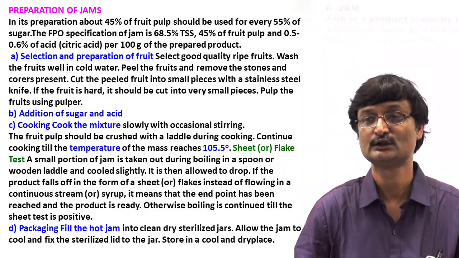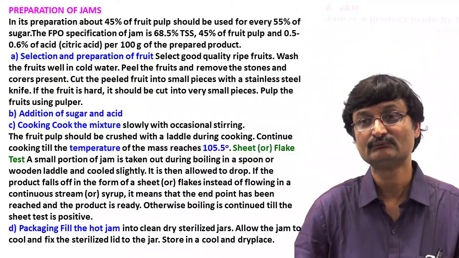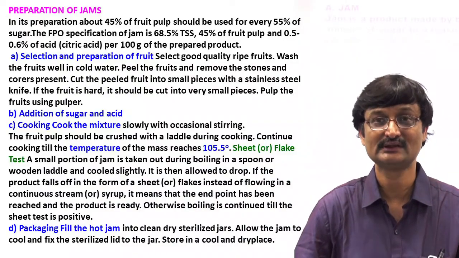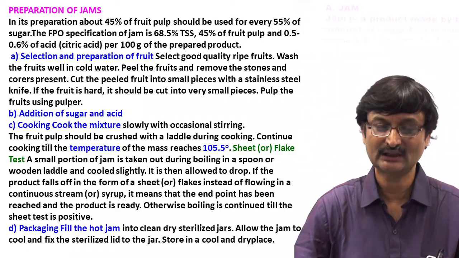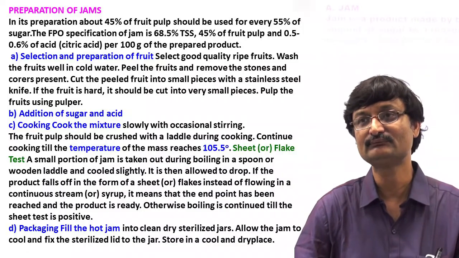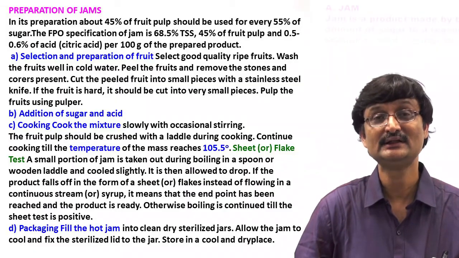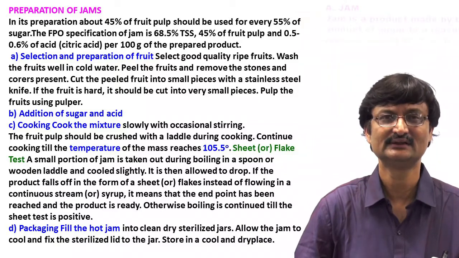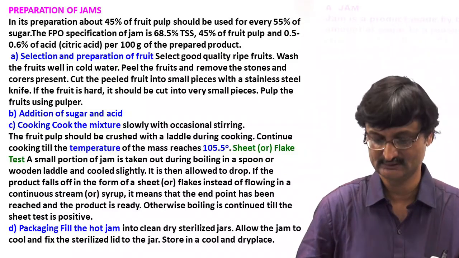This is the main difference. In case of jelly, only fresh and one kind of fruit is taken. And marmalade is jam or jelly of mainly citrus fruit, having shredded citrus peel suspended in its body. This is the main difference of jam, jelly and marmalade.